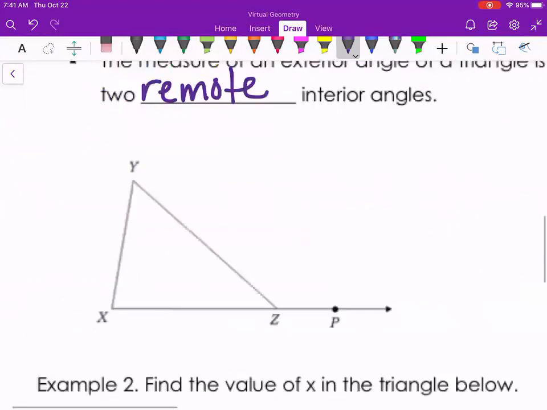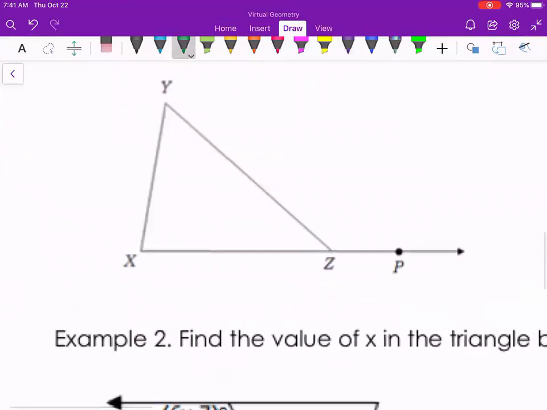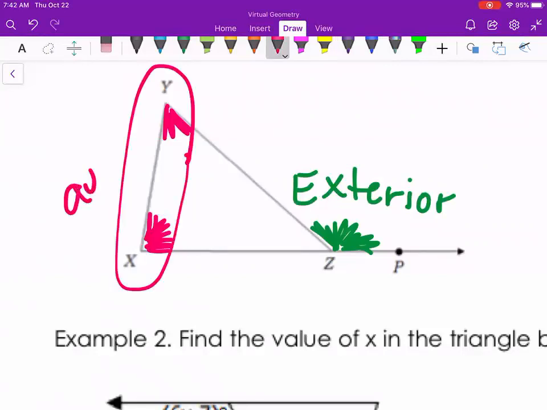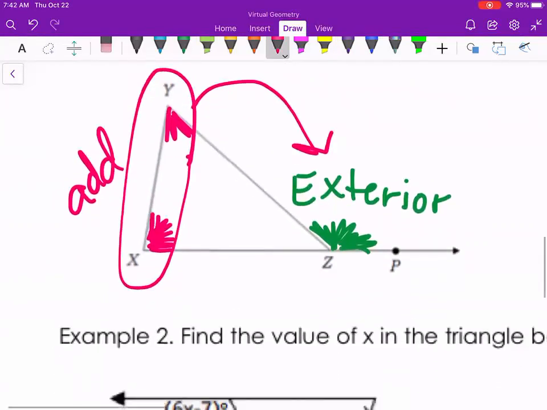So just as a reminder, when we looked at this picture last time, you had our angle YZP. This angle that was outside, this was your exterior. The two angles that do not touch angle YZP, or the exterior angle, were angles X and Y. And that theorem says I should be able to add these up and they should equal the exterior.